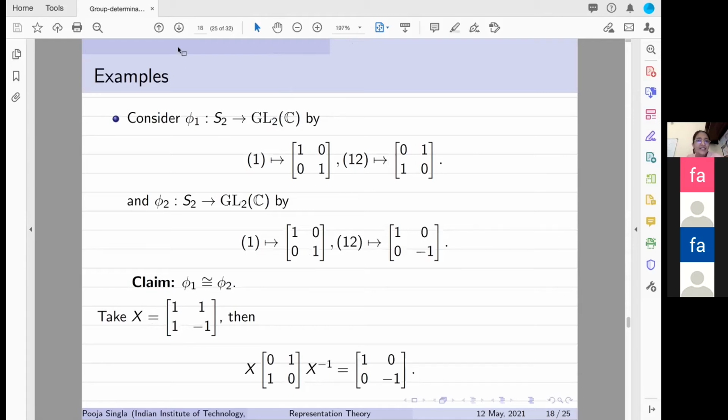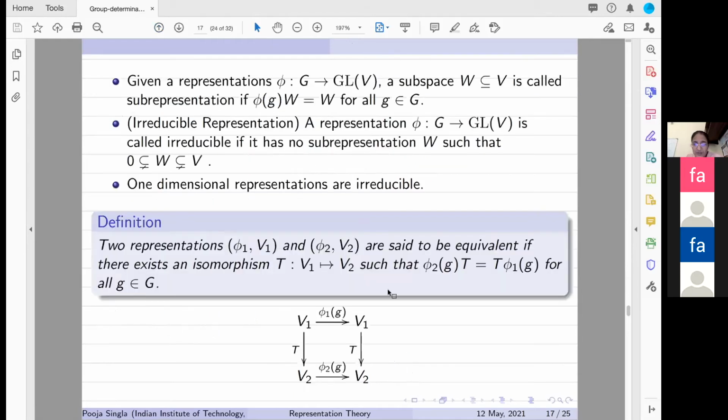I'm not going back to the definition, but the equivalence here would mean, okay, look, maybe I can say a little bit. This really means T is invertible. I can bring this T here. So T inverse phi2(g) T should be phi1(g) for all g in G. If g is identity, it is anyway satisfied, there is nothing to worry.